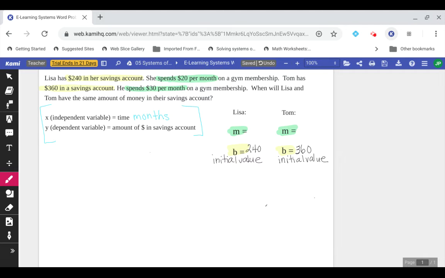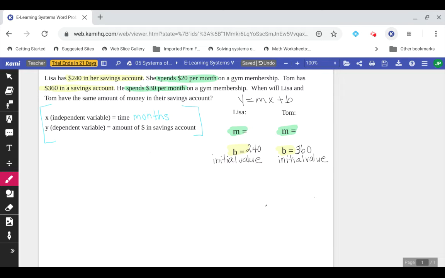The m, as you recall, in the equation y equals mx plus b, is the slope. It's the rate of change. It's the unit rate. And I highlighted Lisa's unit rate and Tom's unit rate in green.